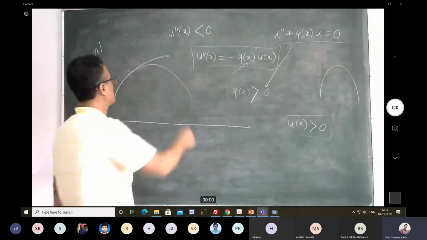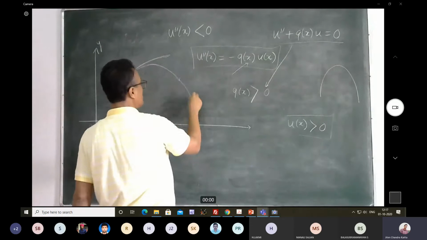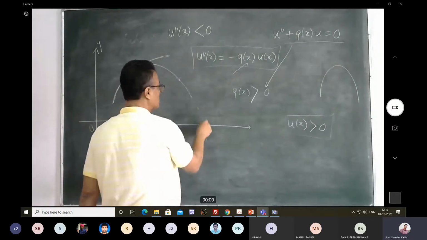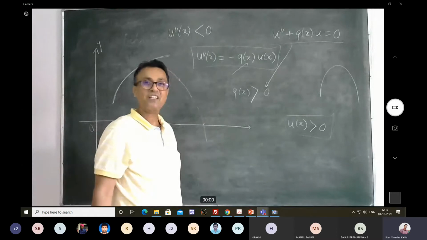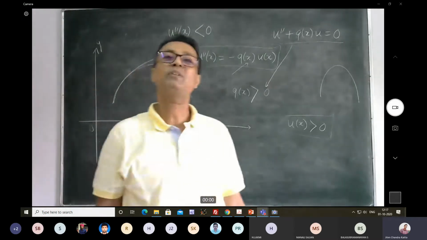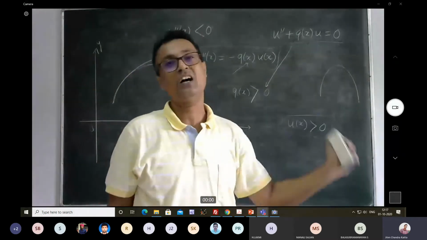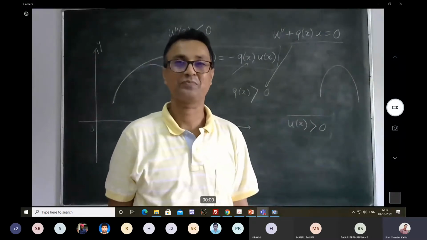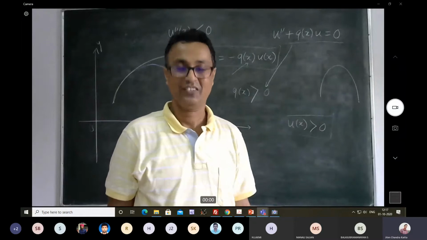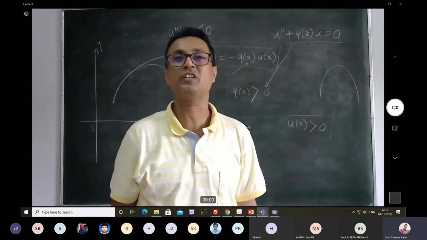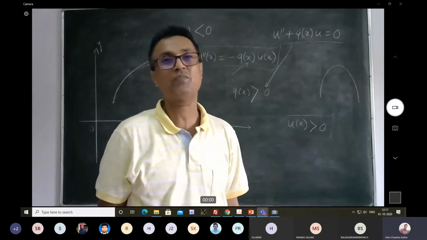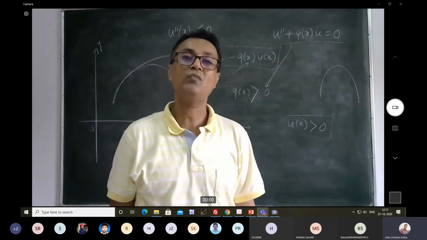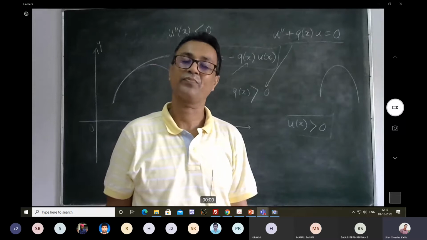If I have this situation, then there is a possibility that it is going to cross the x-axis somewhere, and then I will be able to claim that the solution has a zero. Is it okay with everybody? I can have these two different scenarios for that portion of the solution curve lying above the x-axis. Is it okay?